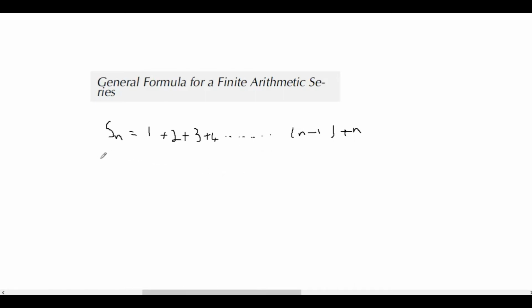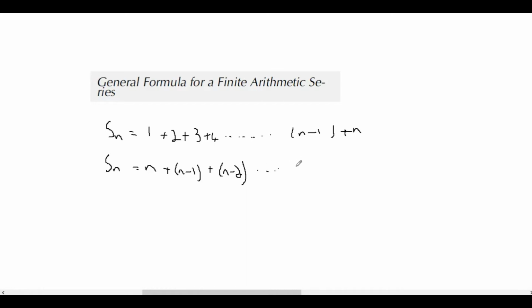So what we're going to do, we're going to take two of them, and it's the same thing, S of n, but this time we're going to start with n and work our way back. So this term would be n minus 1 plus this term here would be n minus 2. This is still the same thing, we're just writing it differently.